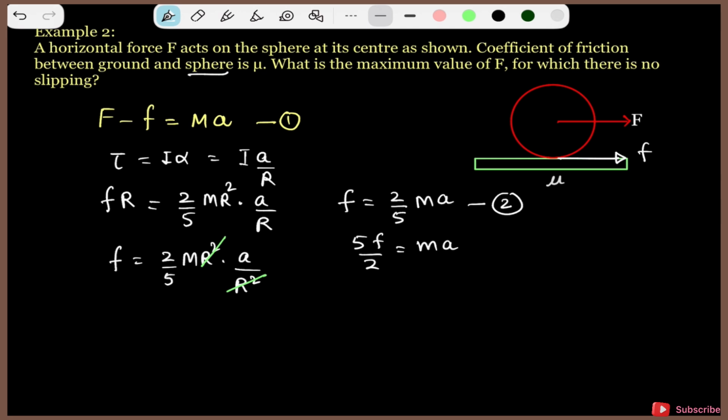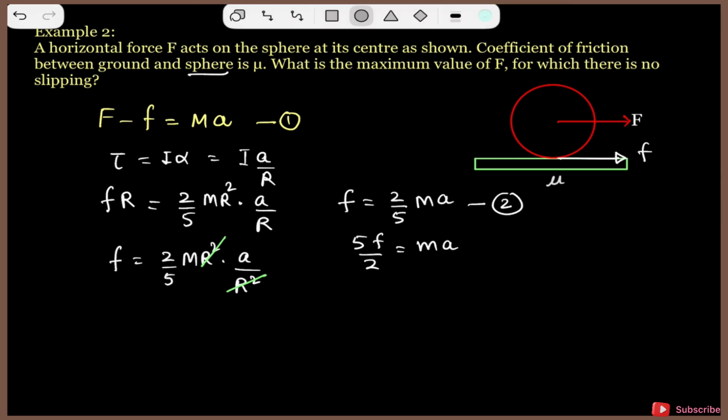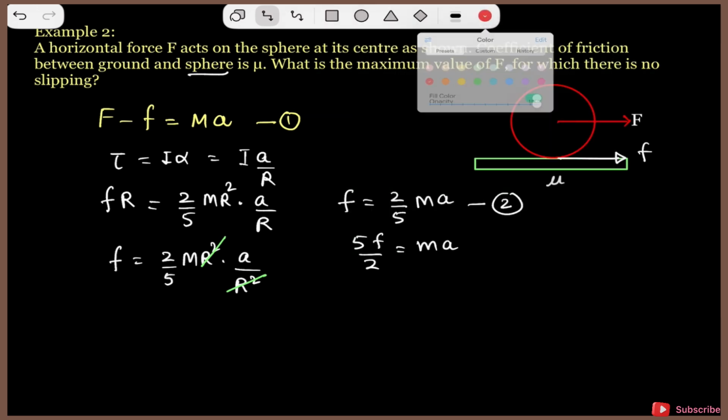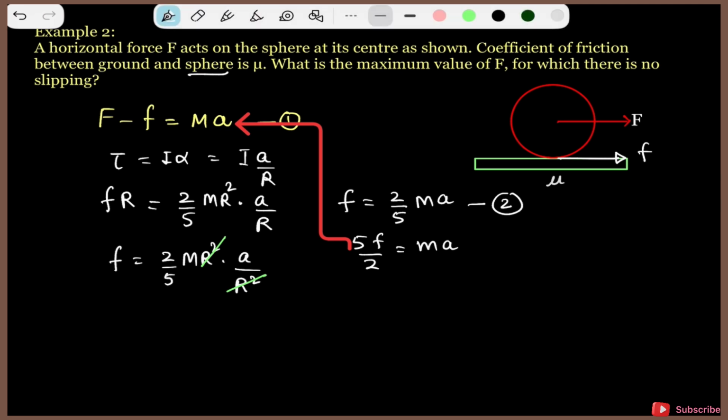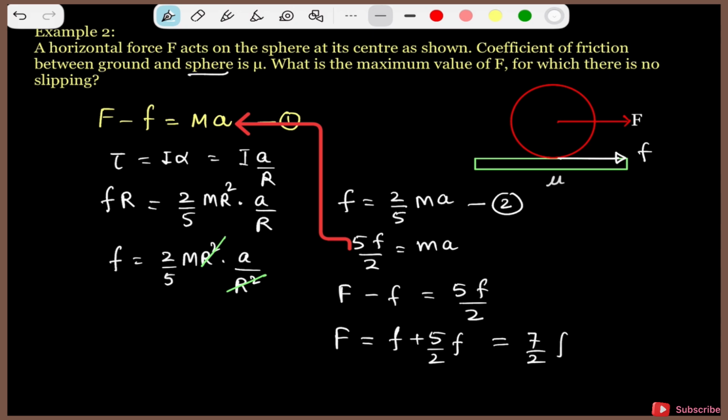We can plug the value of mass into acceleration here. So it is F minus friction is equal to 5 friction divided by 2. So external force acting on the body is equal to friction plus 5 by 2 friction, which comes out to be 7 by 2 friction.